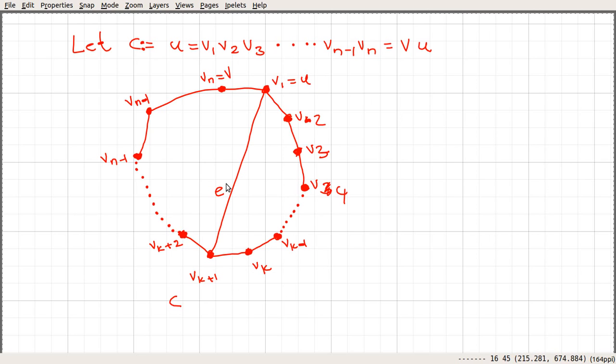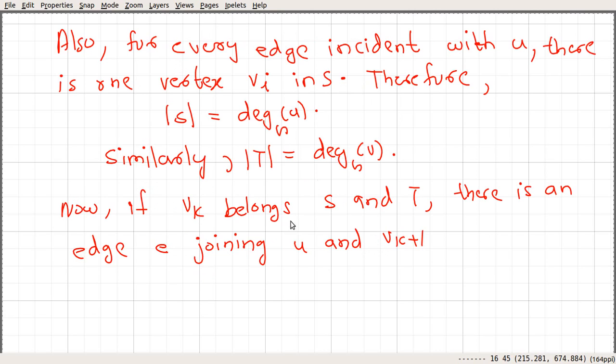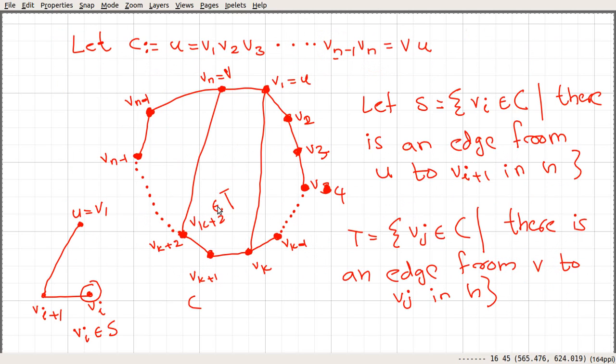Similarly, if Vk belongs to both S and T, then there will be an edge between U and Vk plus 1 by the definition of S, and let's call that edge E. And we can also see that there is an edge between V and Vk by definition of T. If a particular vertex belongs to T, that means there is an edge from V to Vj.